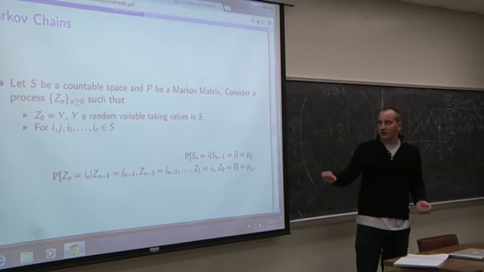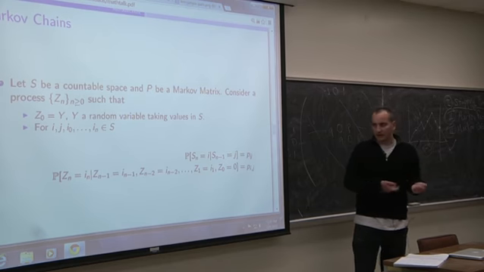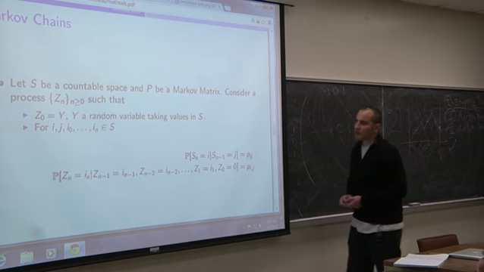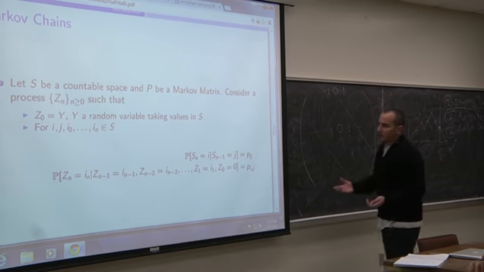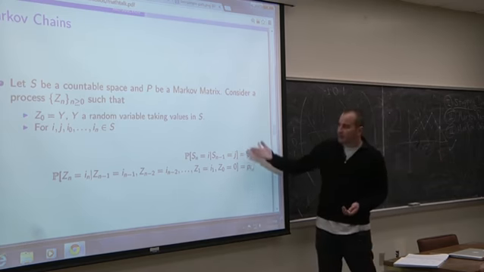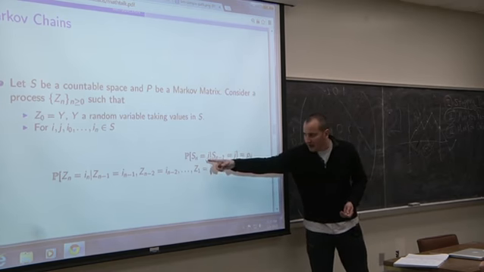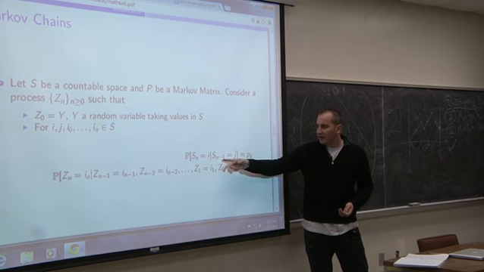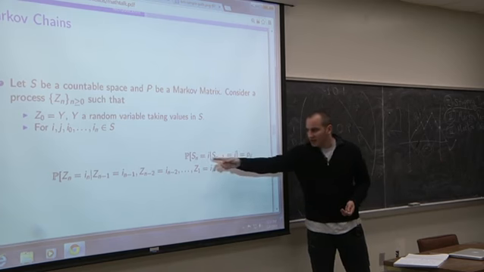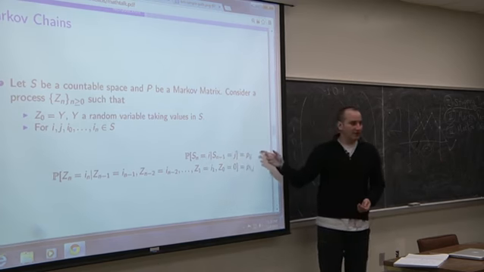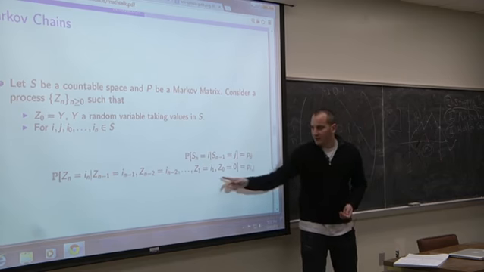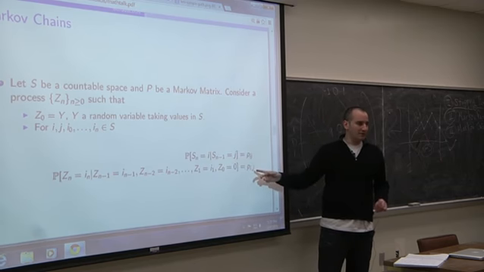So all you need is a matrix and an initial distribution for your initial state, Z0. And you construct that by assuming that Sn equals j, given that I was in i, the chance is given by this matrix, and I have the Markov property.